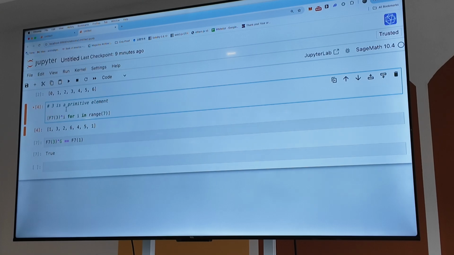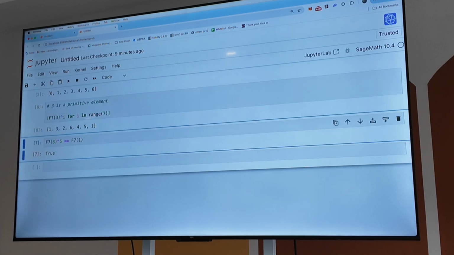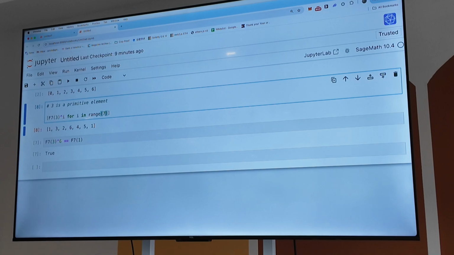I think you shouldn't use the first element for i, because the first element for i is 0.